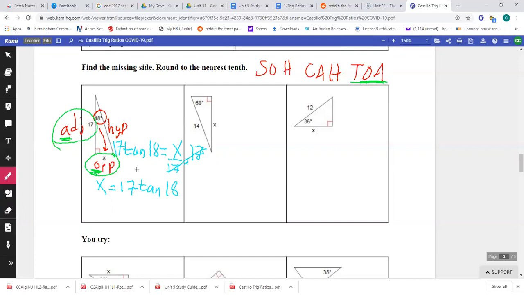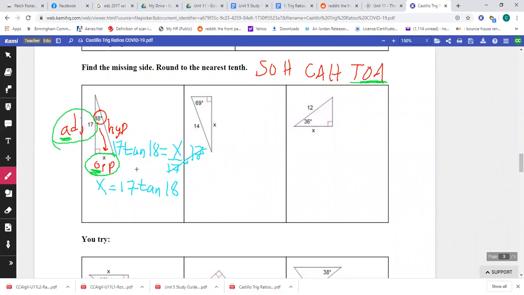Okay, so get out your calculators. If you have a regular calculator or an Android, this is how you're going to type it in: 17 times tan 18, and you're going to get an answer there.